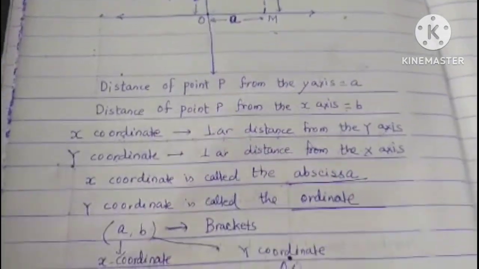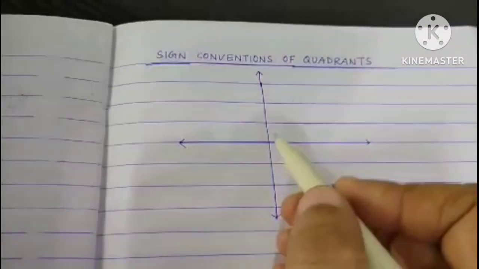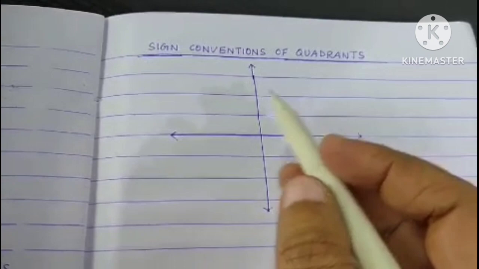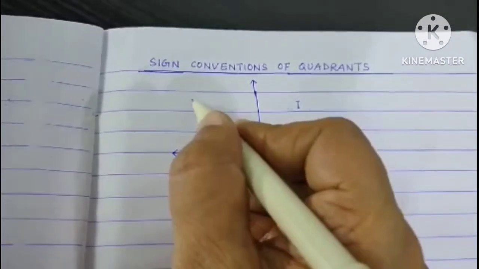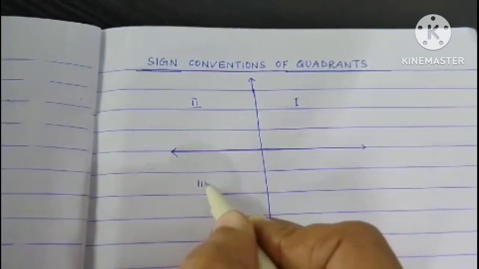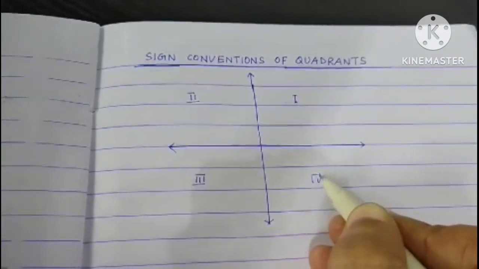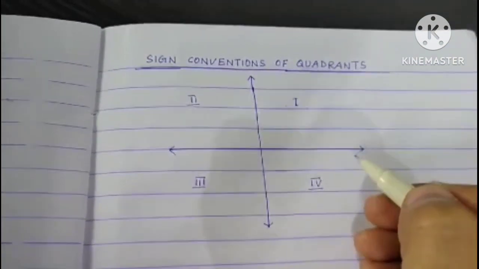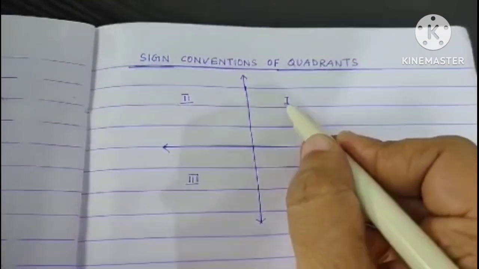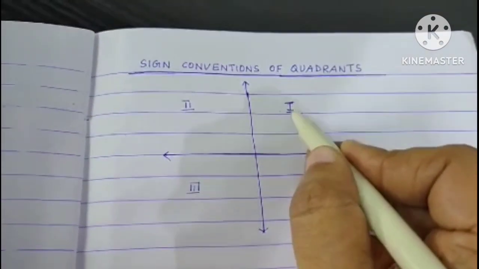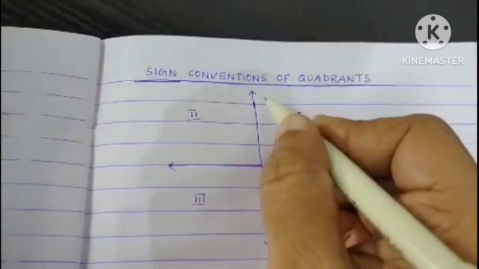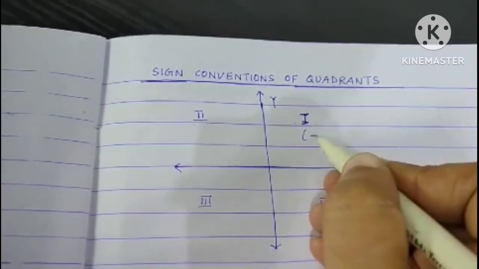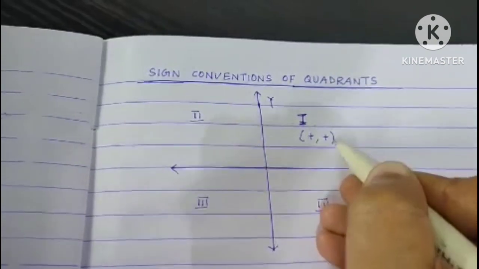Okay, let's move forward. Let's first understand the sign conventions of quadrants. We have four quadrants: quadrant 1, quadrant 2, quadrant 3, and this one will be 4. So how do we keep the sign? Plus, minus. This is the positive x axis, this is the positive y axis. So the first quadrant will be plus plus.